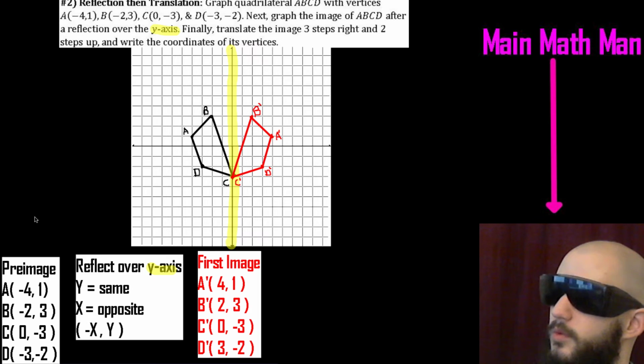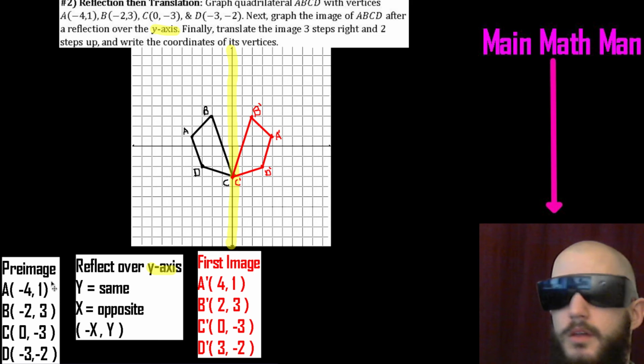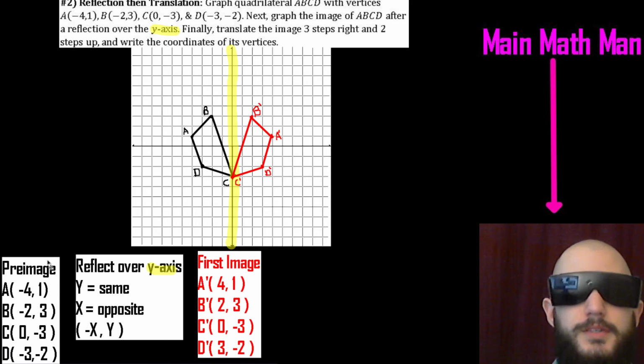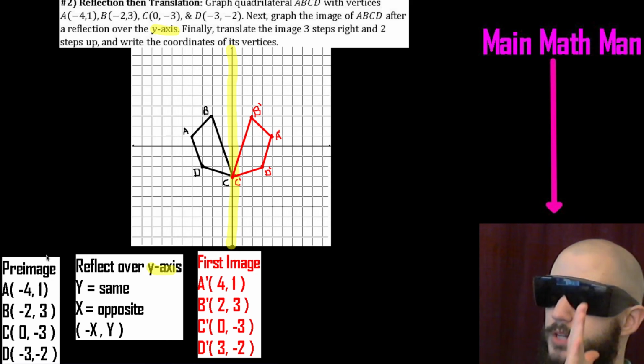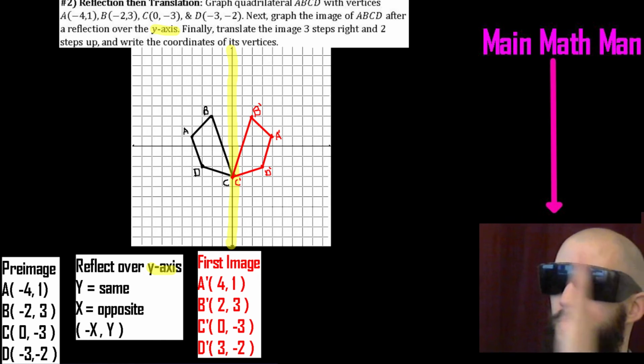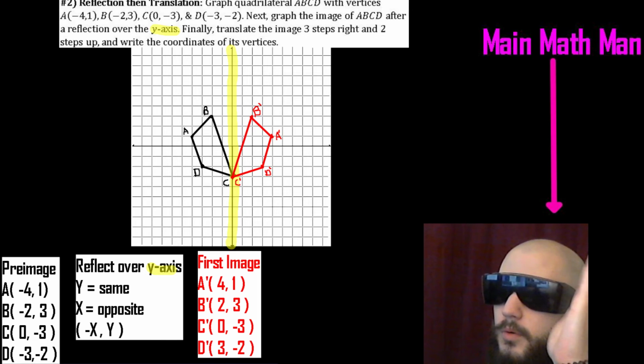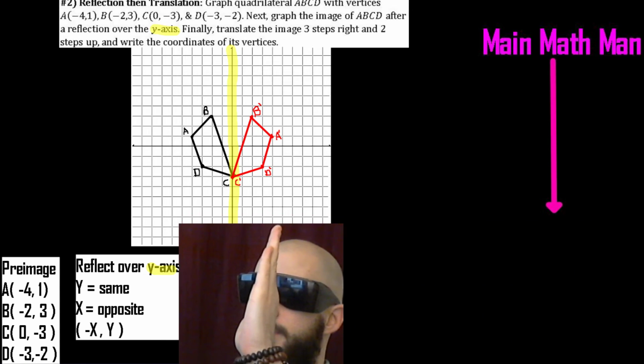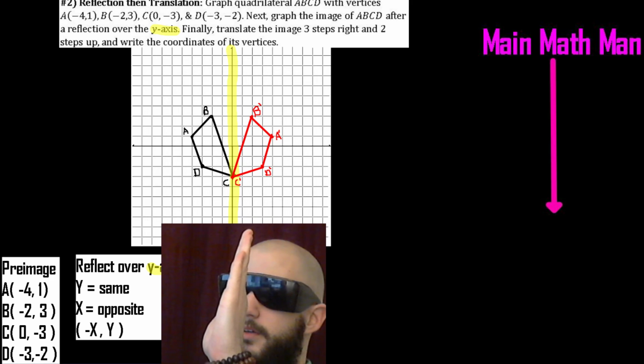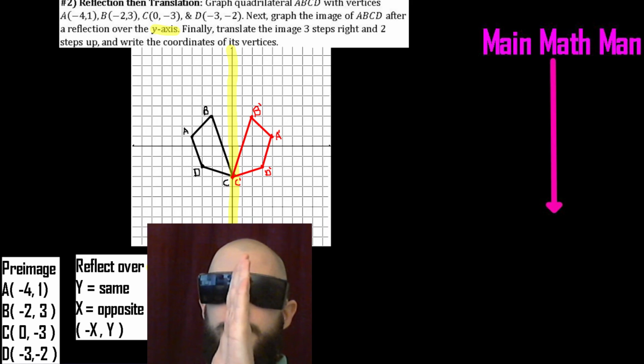Reflect over the y-axis. That means the y-axis stays the same. So just like before, I need to place my y-axis. Always find your center and use that to your strength.